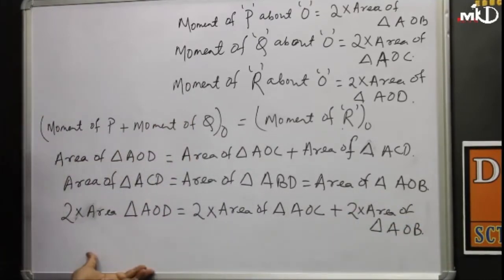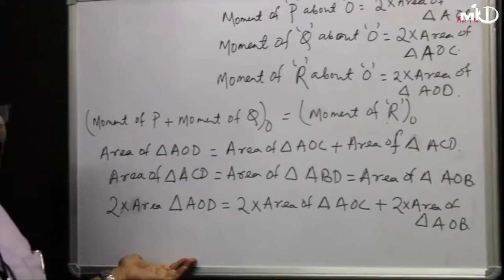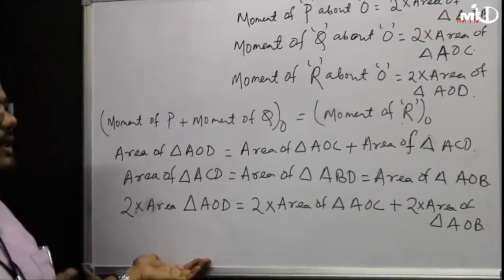As previously studied, the moment is given by twice the area of the triangle.